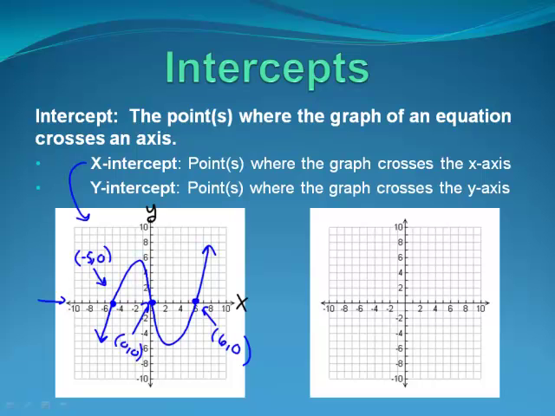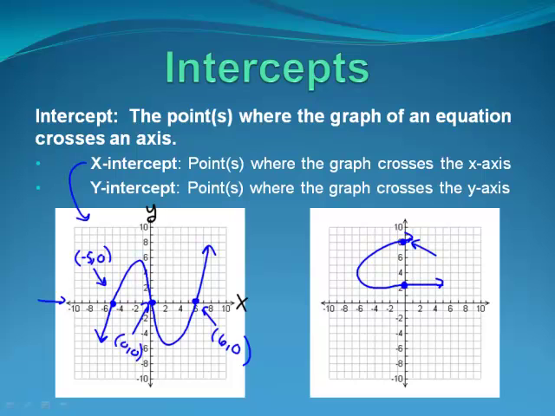So let's say, for discussion's sake, over here, you maybe had a curve that looked like this. That's a very poorly drawn curve. But let's say that it crossed right here at this +8 and right here at that +2.